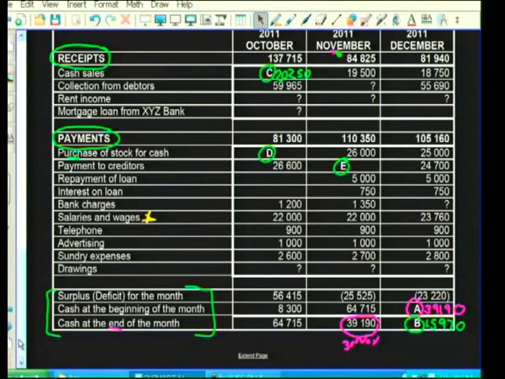And if we examine the bank balance, the bank balance had a healthy balance of 64,715. In November, the bank balance dropped to 39,190. Now it's down to 15,970.